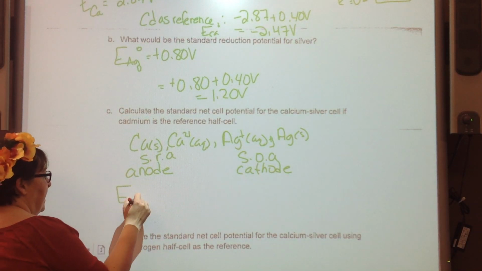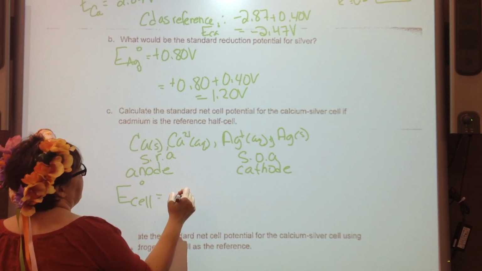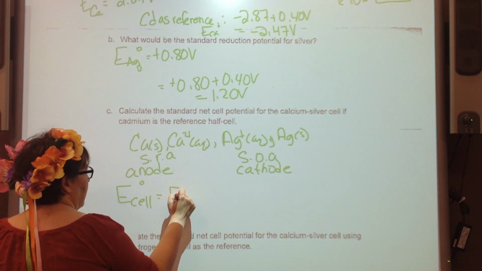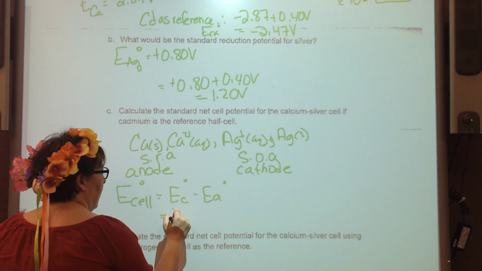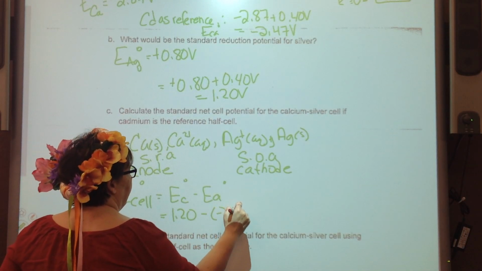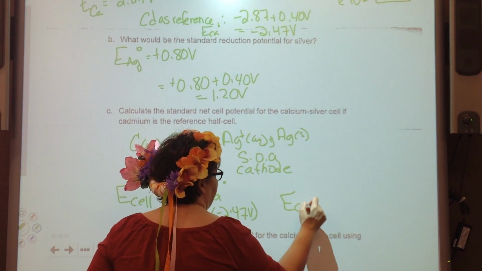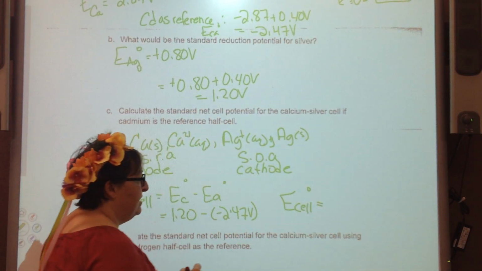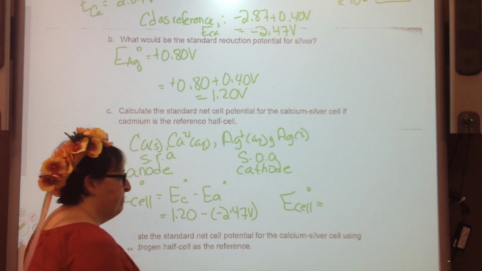So the new cell potential, when cadmium is the reference cell, is going to be silver, 1.20 minus negative 2.47. So the new cell potential, if cadmium is our reference, is 3.67.